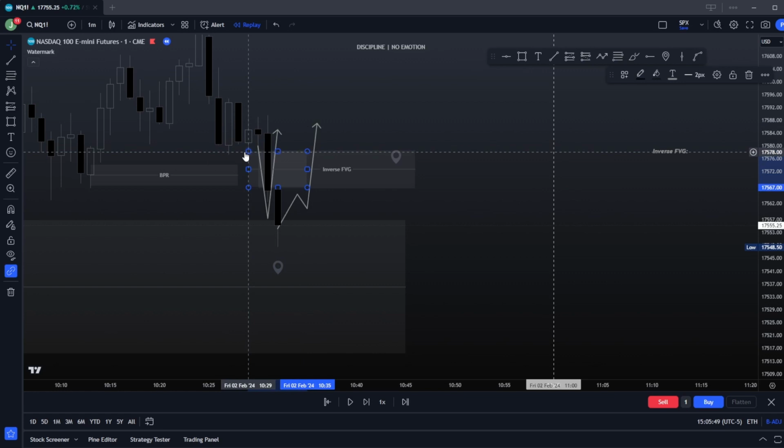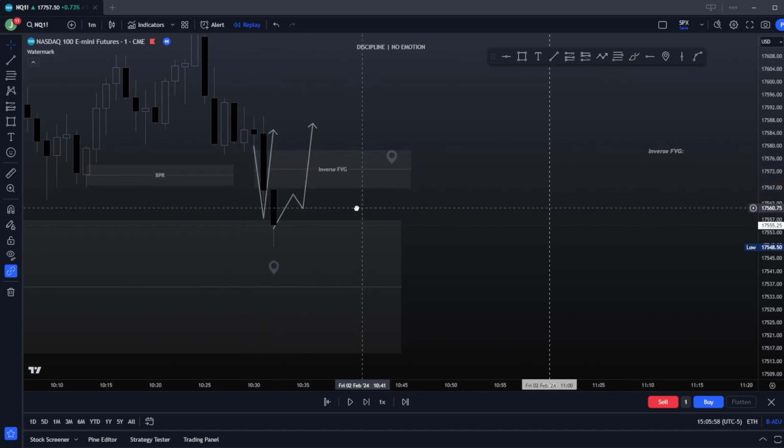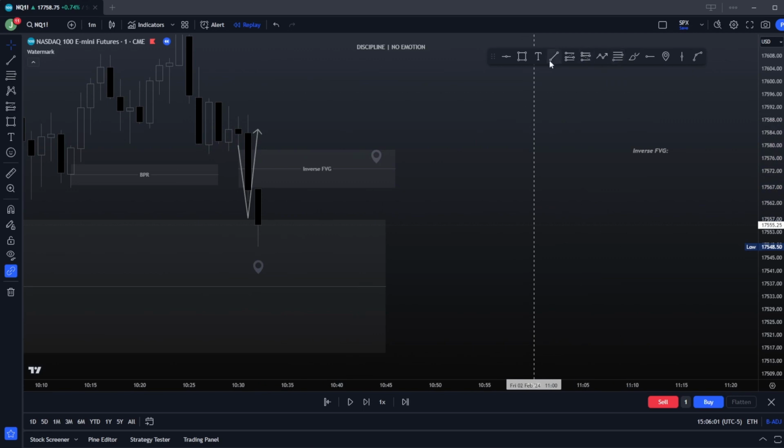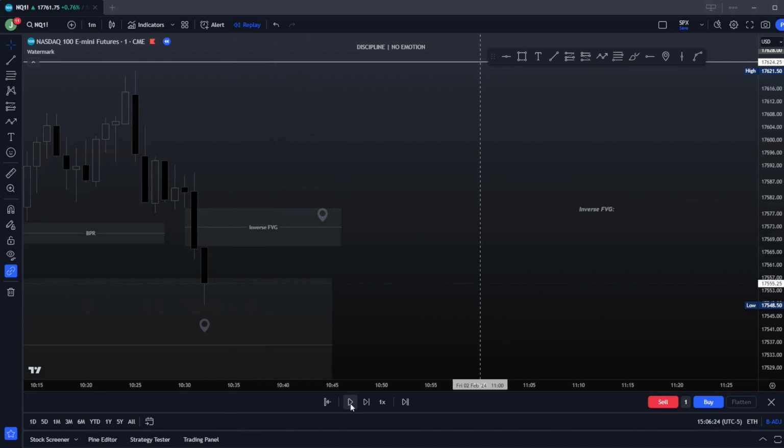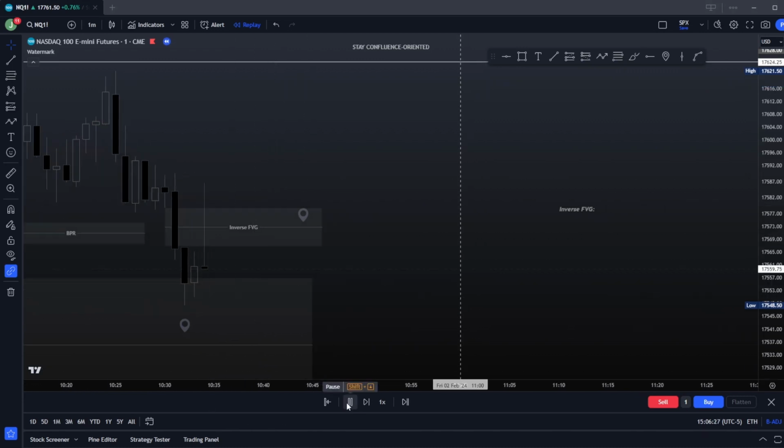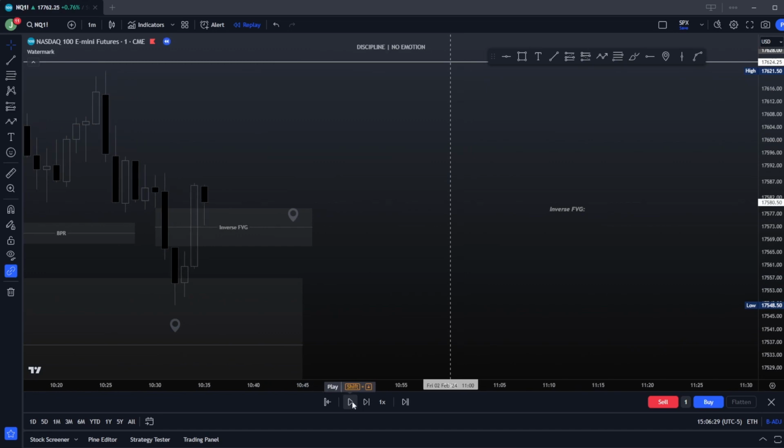On the sell side, we were missing buy orders. On the buy side, we were missing sell orders. So now the inverse acts as a bullish sentiment for continuation. Does that make sense? Do inverse fair value gaps make sense? All right, sweet.